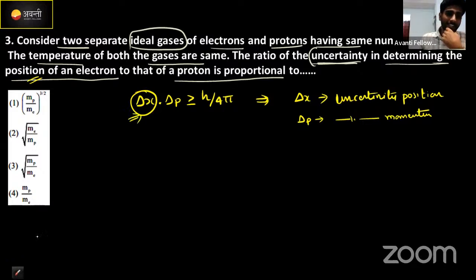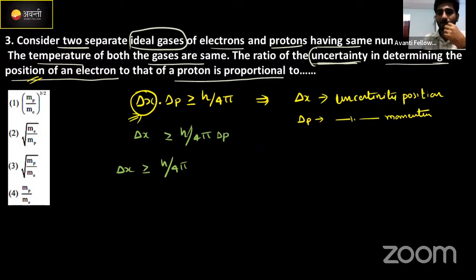Now we need to find out the value of delta x. Okay, कैसे calculate करते हैं delta x को? देखो इधर. Delta x value will be greater than or equal to h divided by 4 pi. इधर delta p था ना, उसको right hand side को लेकर आना. Then it will become delta p इधर. Clear? Then this delta x value is greater than or equal to h divided by 4 pi into delta p, which is nothing but change in momentum. Momentum को कैसे लिखते हैं आप? जो आपको पता है ना, m into v. इधर mass means it's a definite mass, correct ना?